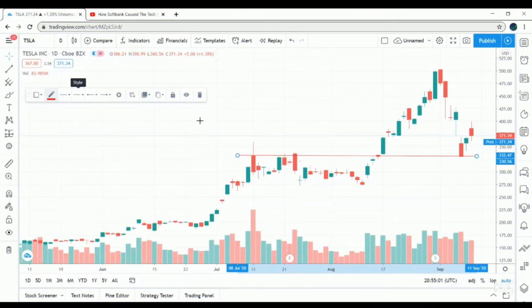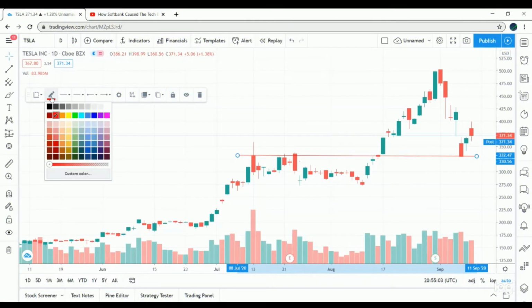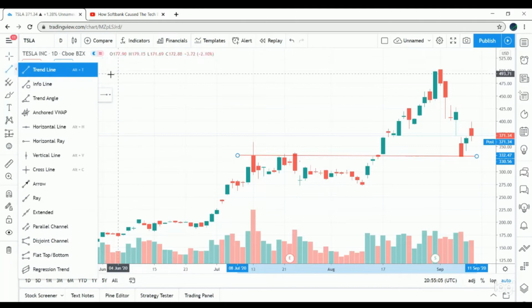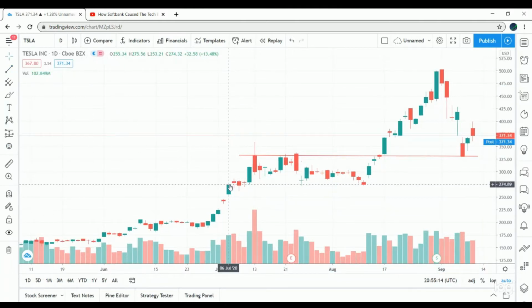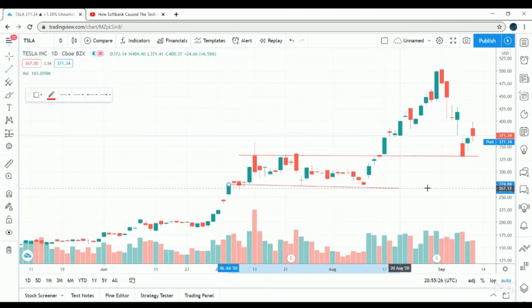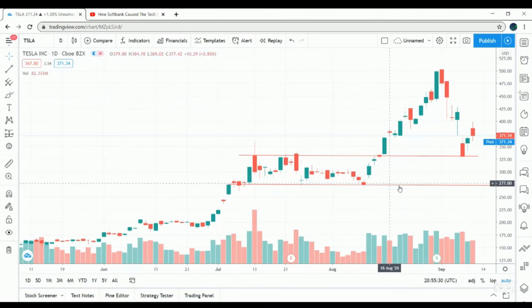So currently, in case Tesla does fall again, like it did this week, I think the absolute bottom for the stock in the foreseeable future is going to be right here. I believe that is the absolute bottom.